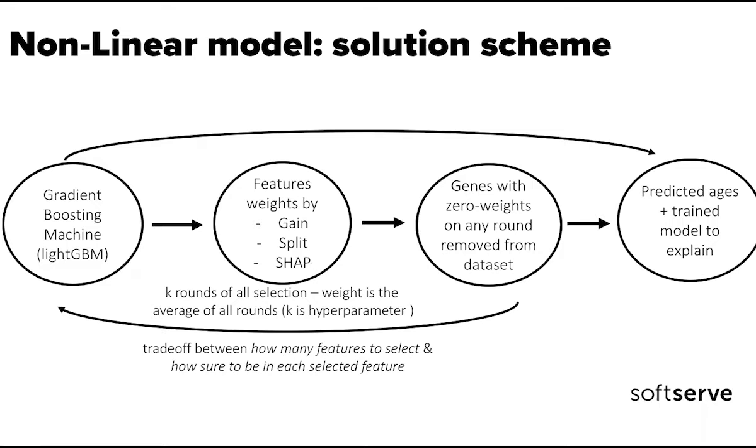Then we do not do this weighting just once, we do k rounds. So on each round we shuffle the data set and we get new weights, and then we only leave those genes that have non-zero weights on all the rounds of iteration. And here the number of rounds that you perform is important.